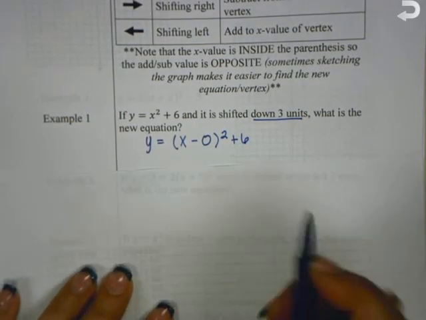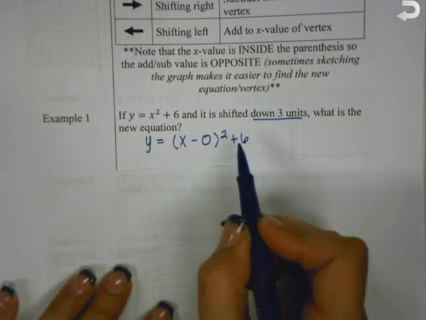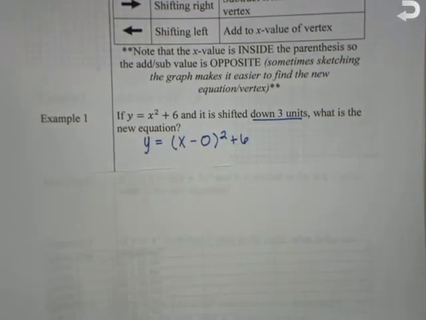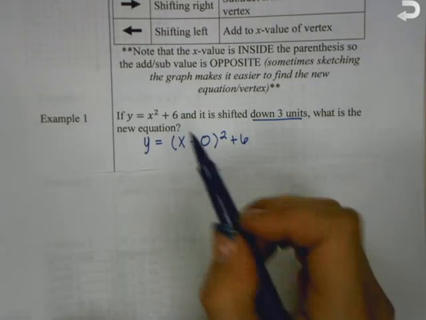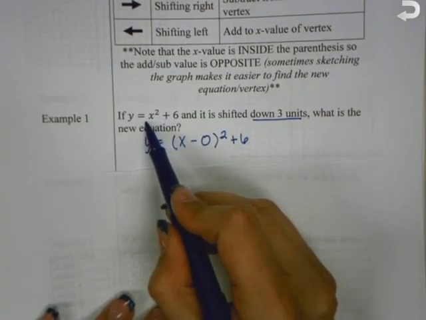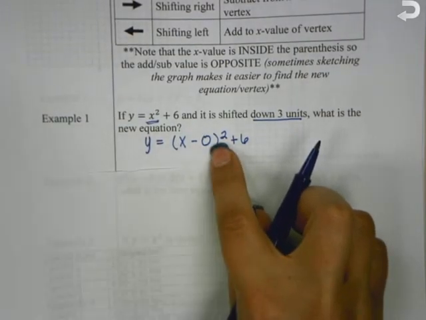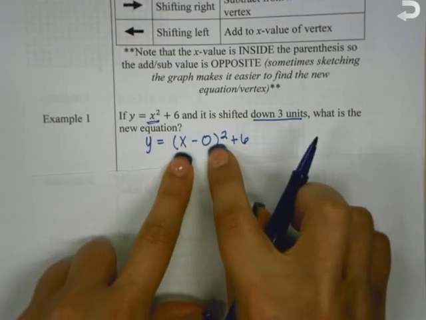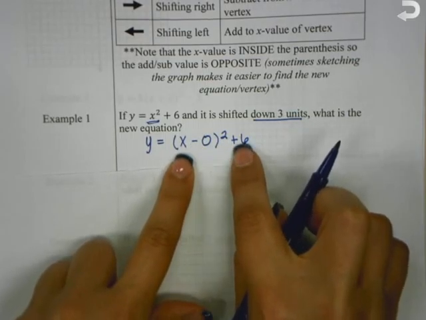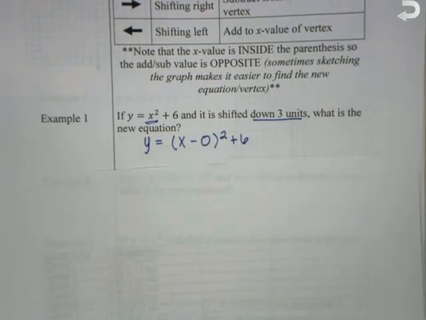Well, the point of it is so that you know how our vertex form up here on the board has just x minus a number? In the equation they give us, it says x squared because x minus 0 is just x. So we just expanded it so that we can see it in the vertex form, just to make it easier for us to look at.